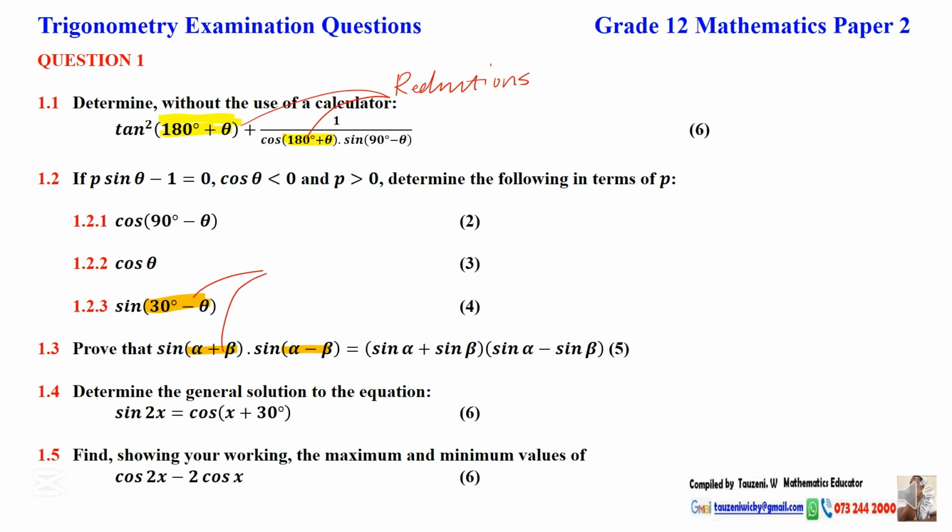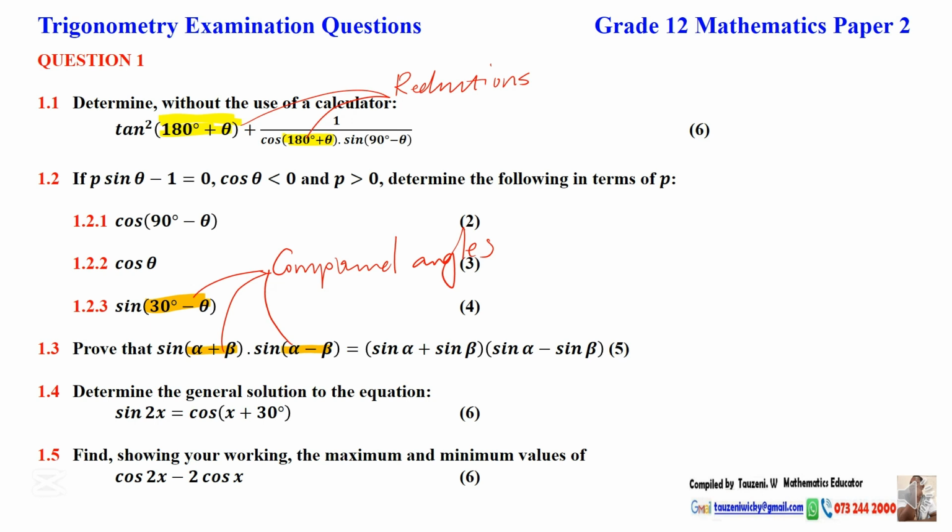Then if two angles are added or subtracted from each other, then I must think about compound angles. So I may need compound angle identities to simplify those expressions where angles are added or subtracted from each other.